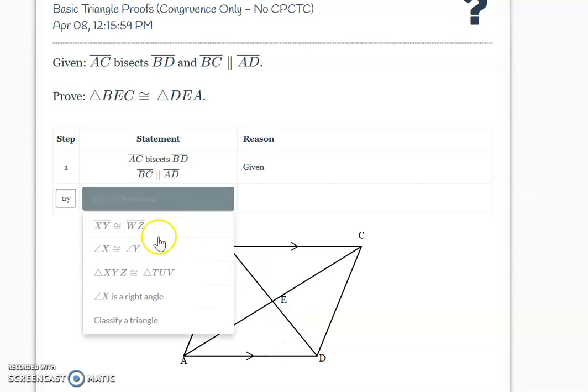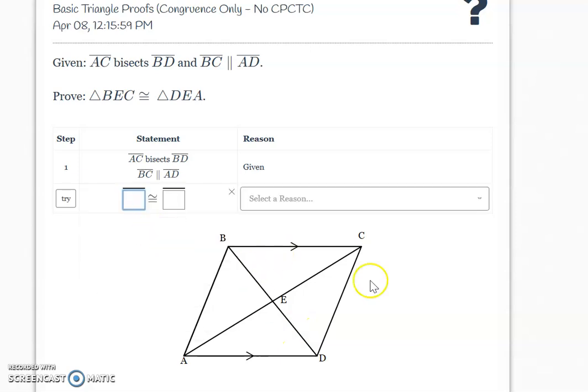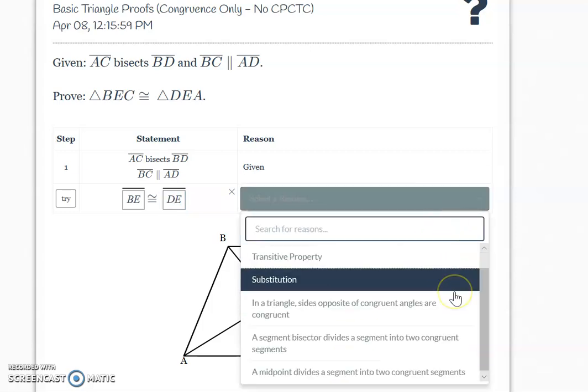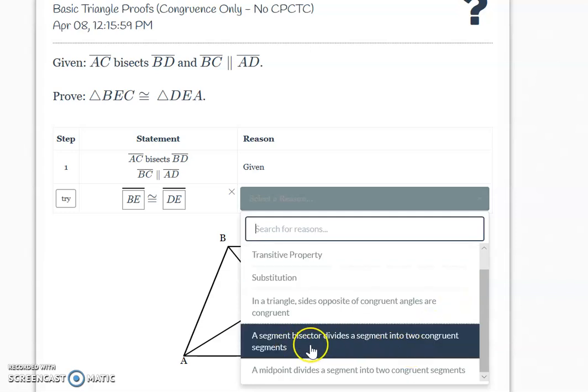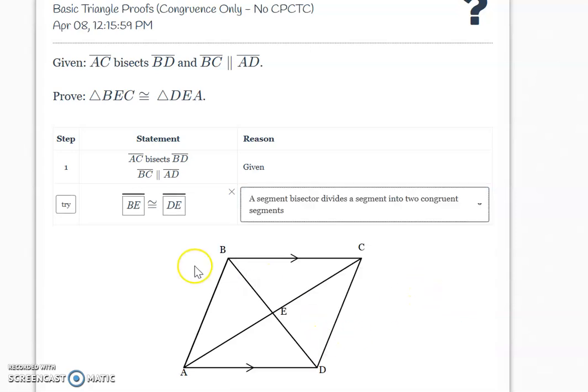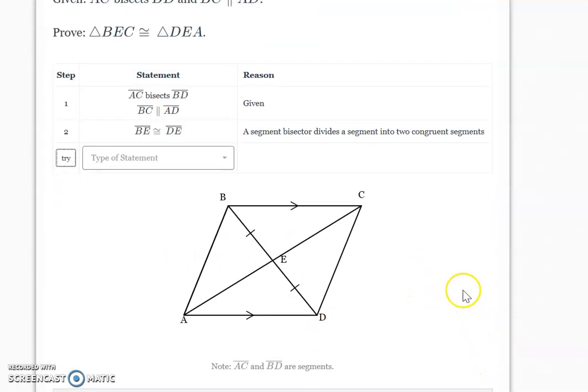So I want segment statements. So I'm going to say that BE is the same length as DE. And that is because anything that is bisected, here we go, a segment bisector divides a segment into two congruent segments. All right, so now I know that these two are congruent to each other.